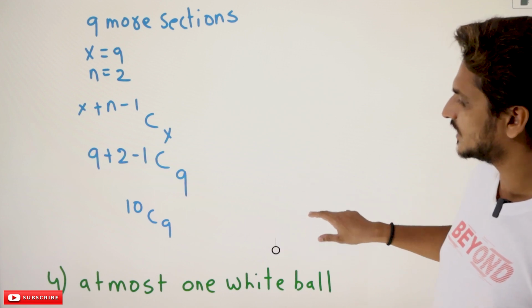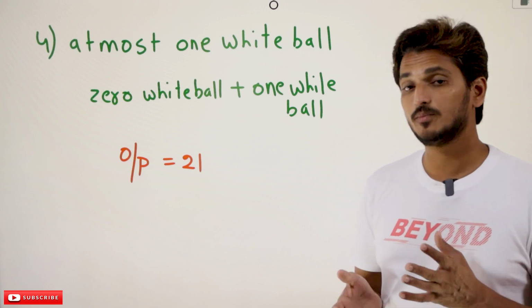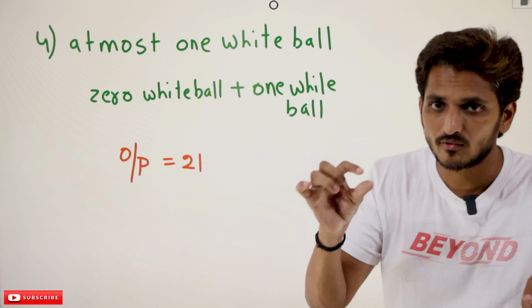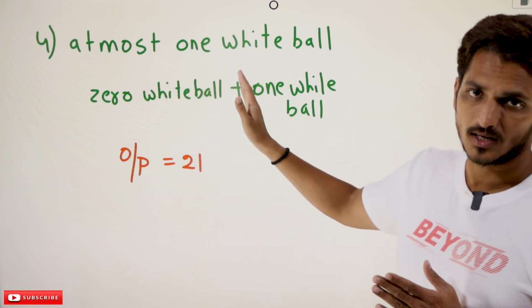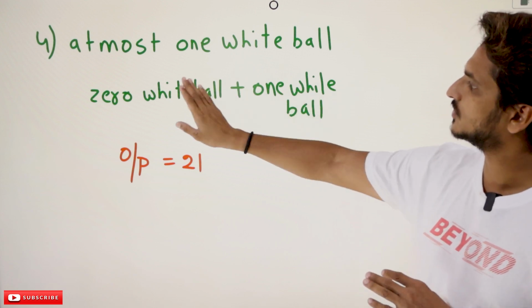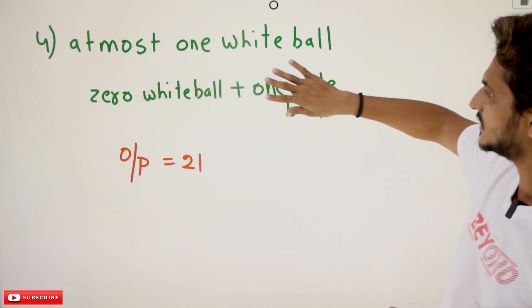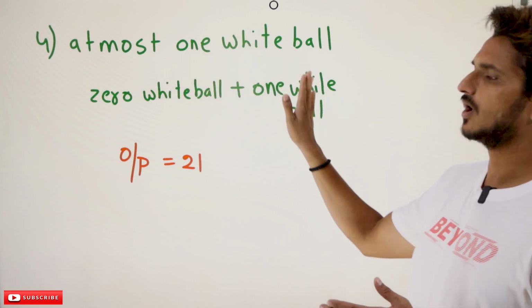Now coming to the next example, at most 1 white ball. At most 1 white ball means you have 2 situations: 0 white balls and 1 white ball. So 0 white balls plus 1 white ball. This is one situation, this is another situation, either this situation or this situation.